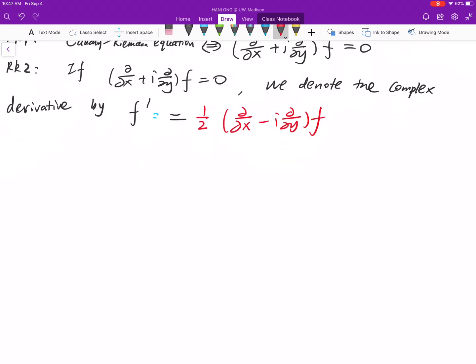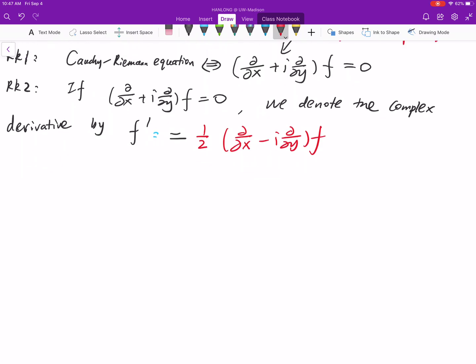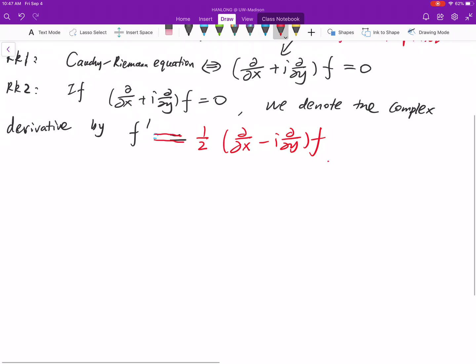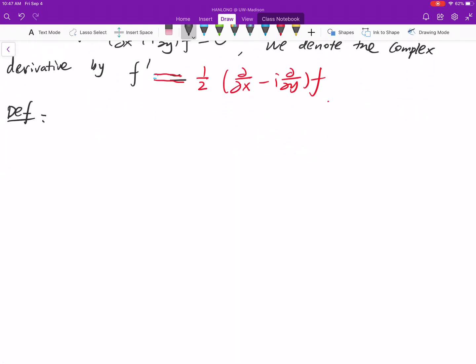Okay, and now we would like to introduce some convenient notations.